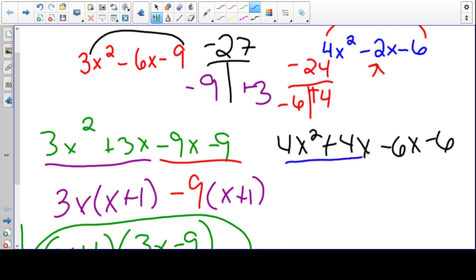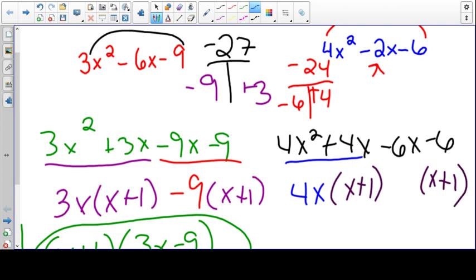I'm going to take something out of the first two. Well, I can take out a 4x. And that leaves me, in a different color, dark blue, with x plus 1. I'm going to leave a little space and write x plus 1 again.